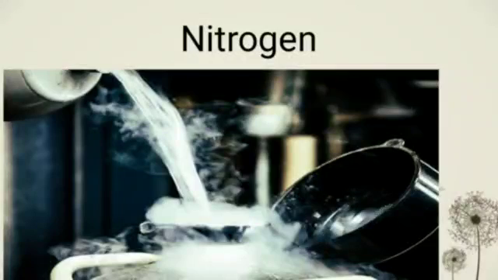So it takes up nearly 4/5 of the space that air fills. It means nitrogen is the primary element found in free form, we can say. So it forms about 78% of the Earth's atmosphere.